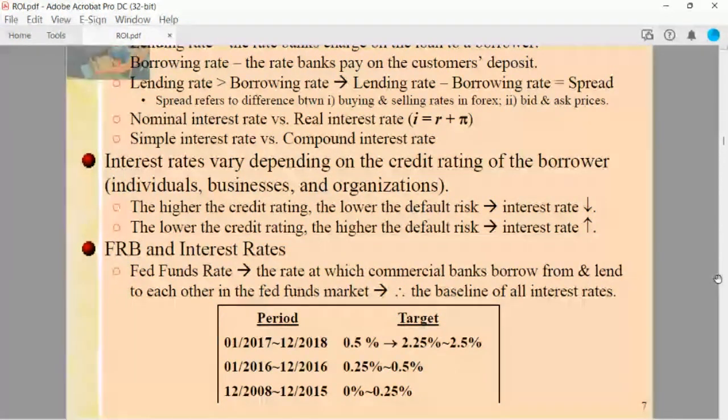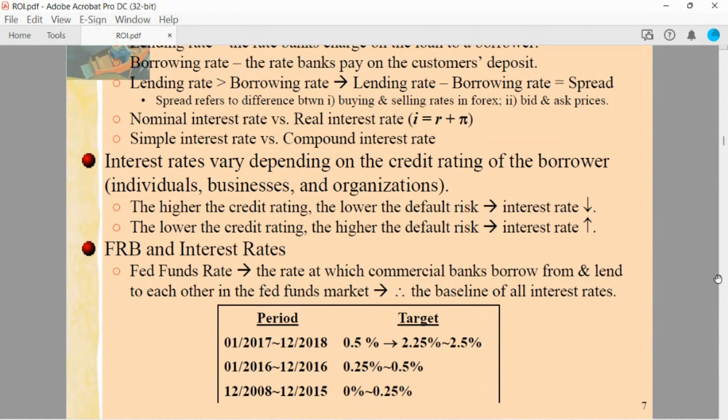Okay, target. And the target and the actual market rate are two different things, right? Why? First of all, federal funds market is not the government. Market is an exchange. Exchange means where the actors or the agents come into play. So federal funds market, because the name is federal, it sounds like it's part of Federal Reserve.